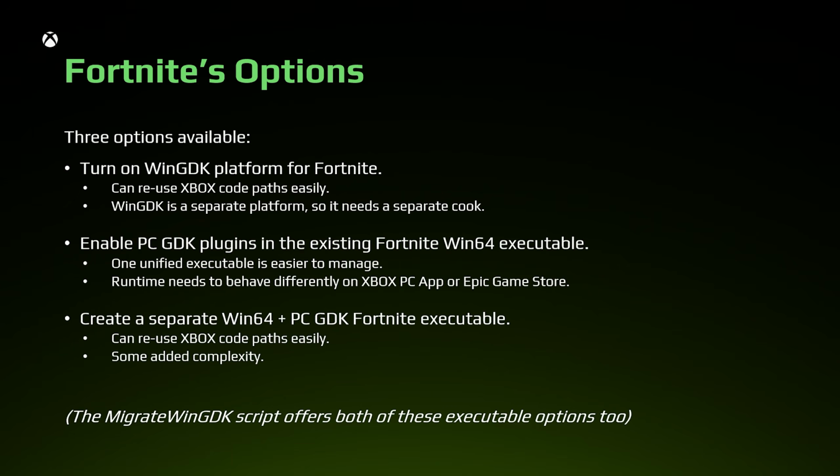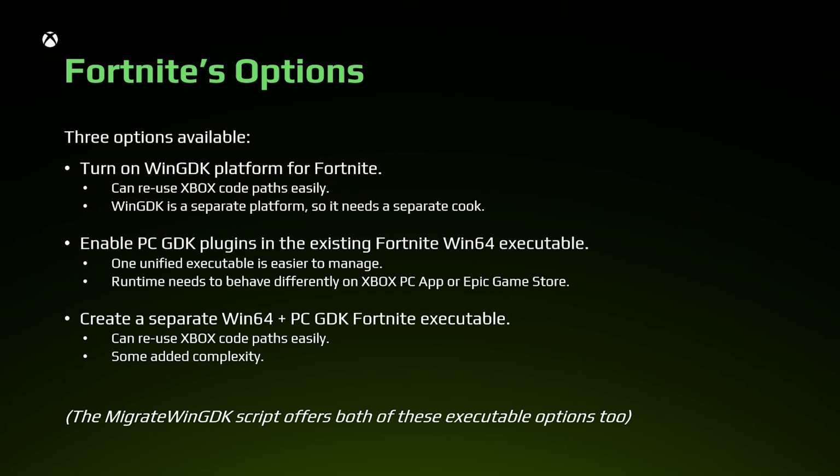Fortnite in particular had 3 choices. We could turn on the Win GDK platform for Fortnite. We've got lots of platforms already, so that's fairly easy. That would allow us to reuse the Xbox code paths quite easily as well. But as I said, Win GDK is a separate platform and would need a separate cook. We could enable the PC GDK plugins in the existing Fortnite executable.